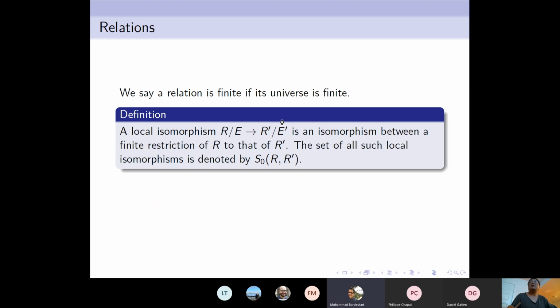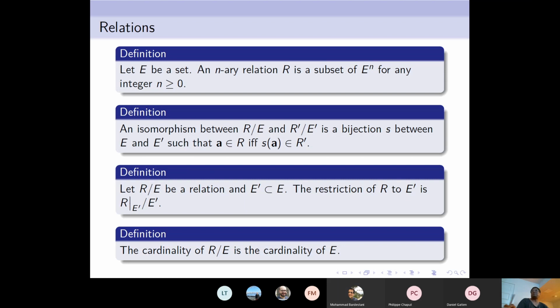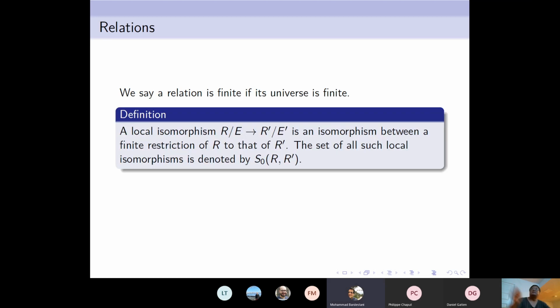E prime is a subset of E, no? Yes, subset of. So in your definition of local isomorphism, E prime is a subset of E. I think he is just using the same letter for different things. Yes, we use the same letters for different meanings. Here, E and E prime are two different independent universes.